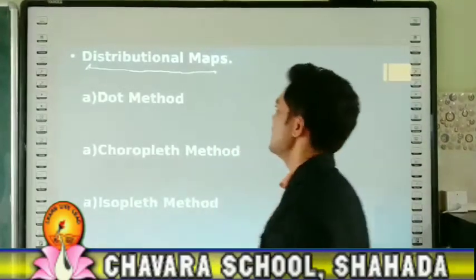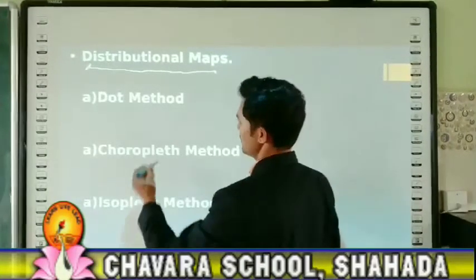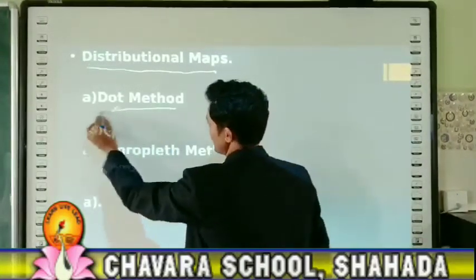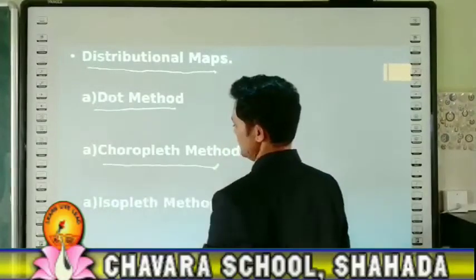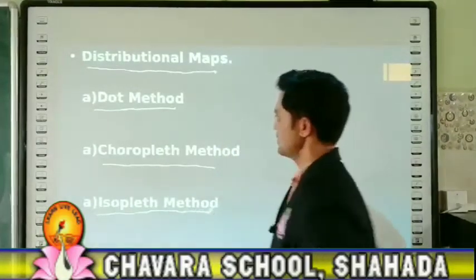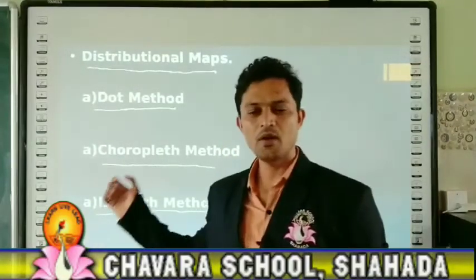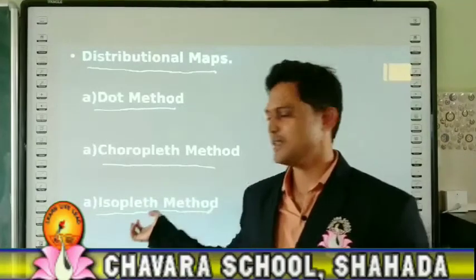Such maps are prepared using three methods, namely the dot method, Choropleth method and Isopleth method. And we are going to learn all these methods one by one in this session.